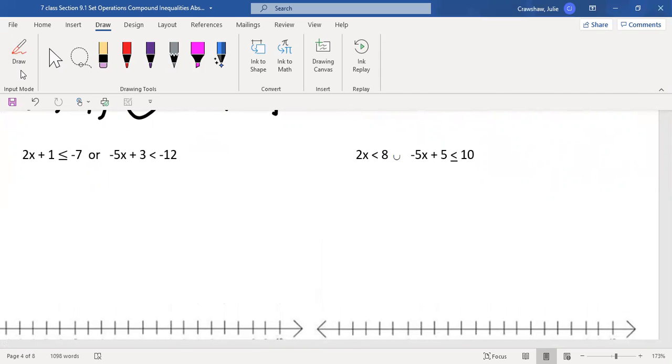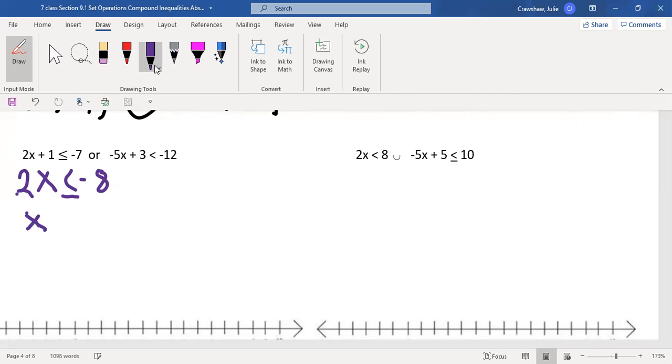So how did you do? In order to isolate the variable on the first one, we're going to have to subtract 1 from both sides. And then we're going to have to divide by 2. So we have x is less than or equal to negative 4. And then for the one on the right, I'm going to have to subtract 3.